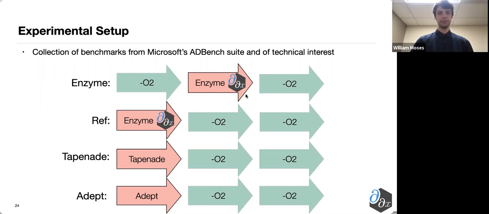Then we have 3 pipelines which are designed to emulate the standard way that automatic differentiation is run historically. First we have the reference pipeline, which tries to be Enzyme as if it were those other tools, which is to say first run automatic differentiation before any other optimization, and then 2 rounds of optimization. And then finally, we have the fastest source rewriting tool called Tapenade, and the fastest operator overloading tool called Adept.